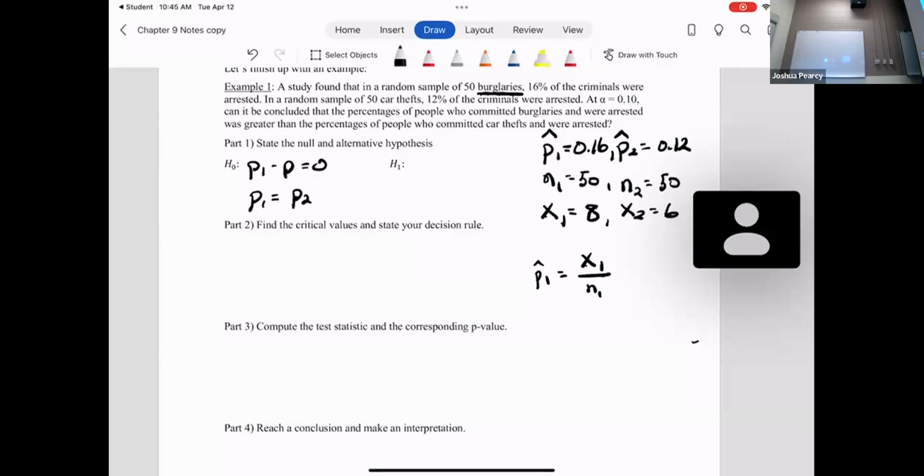At alpha 0.1, can it be concluded the percentage of people who committed burglaries and were arrested was greater? So what's the relation between P1 and P2? P1 is greater than P2, or you could write it as P1 minus P2 is greater than 0.